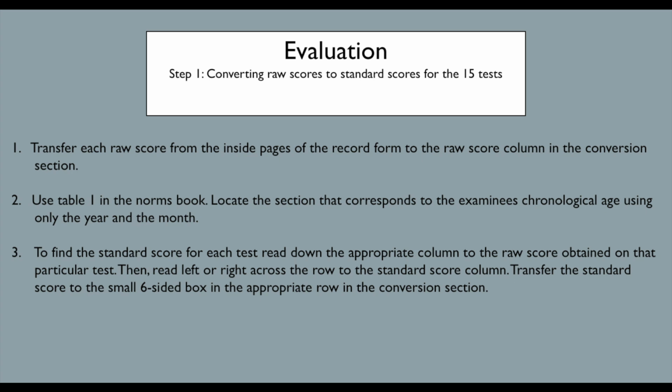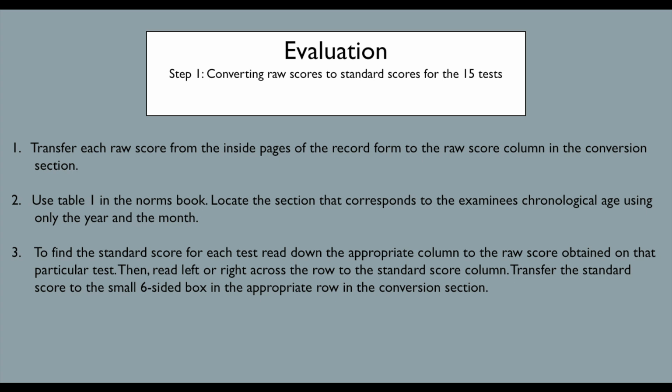For the evaluation of this test, there are multiple steps. The first step includes converting raw scores to standard scores for the 15 tests. Number 1, transfer each raw score from the inside pages of the record form to the raw score column in the conversion section. Number 2, use Table 1 in the norm book. Locate the section that corresponds to the examinee's chronological age using only the year and the month.